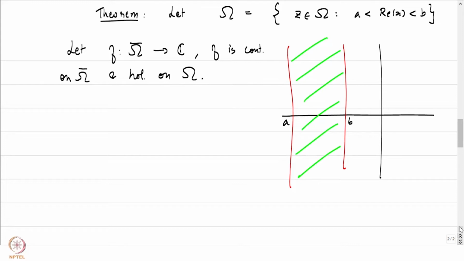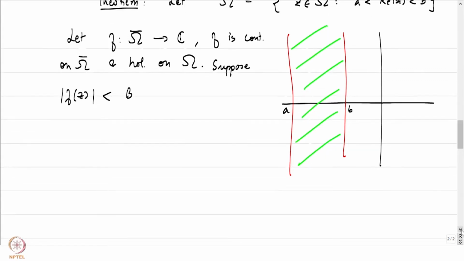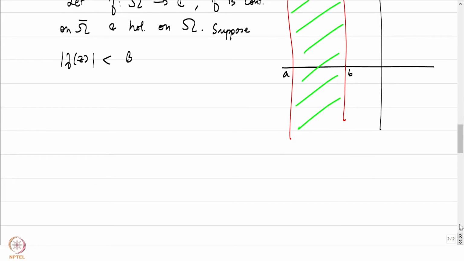Suppose, instead of putting growth conditions immediately, let's look at a function which is bounded. One shouldn't wonder that if we already start off with a bounded function, then why are we doing this? That's not the point. The point is that this B is not something which is given to us. B could be very, very large. It might have nothing to do with the boundary as of now.